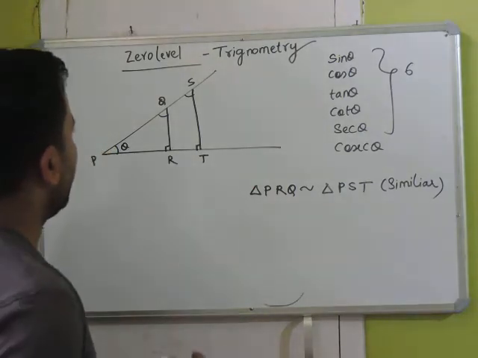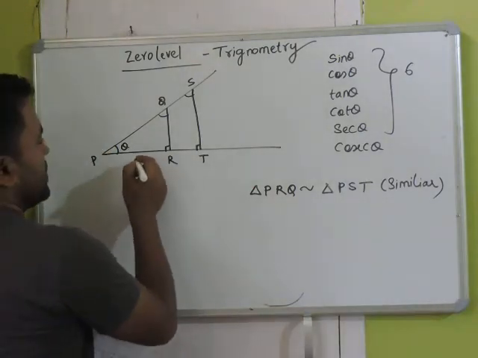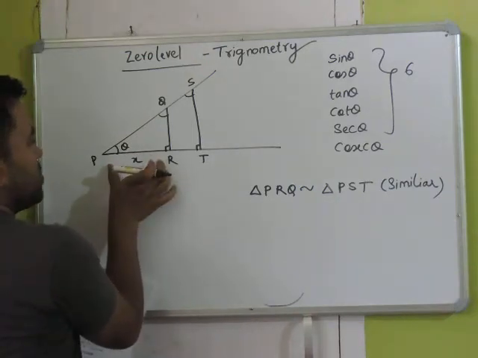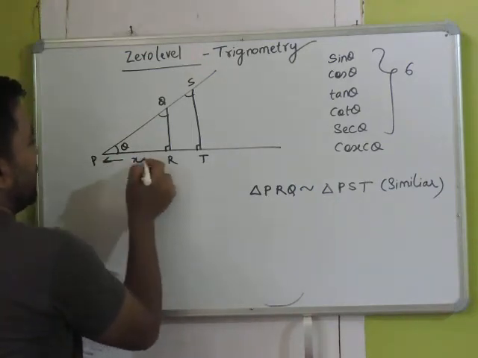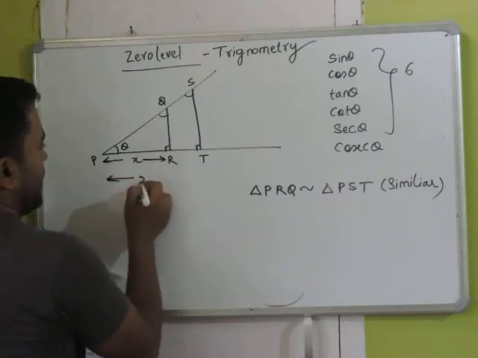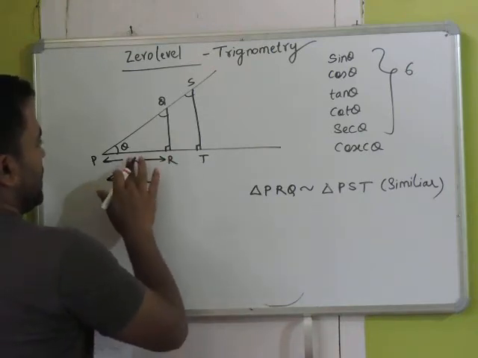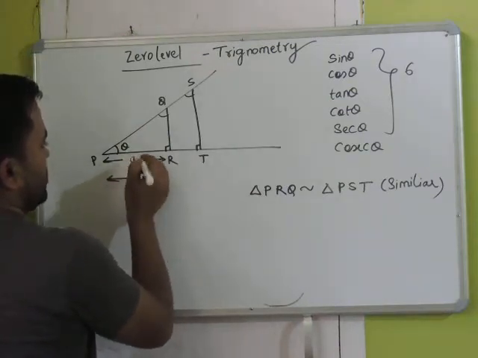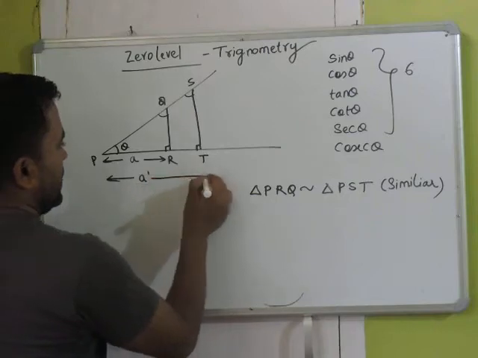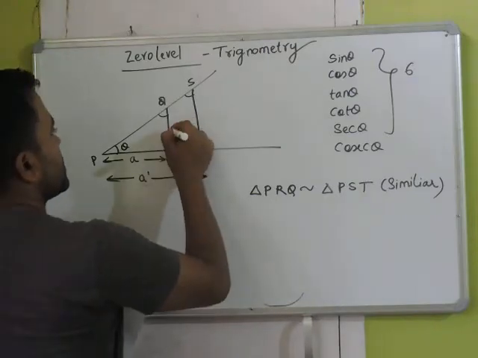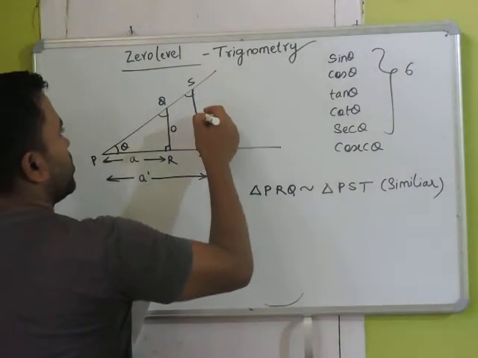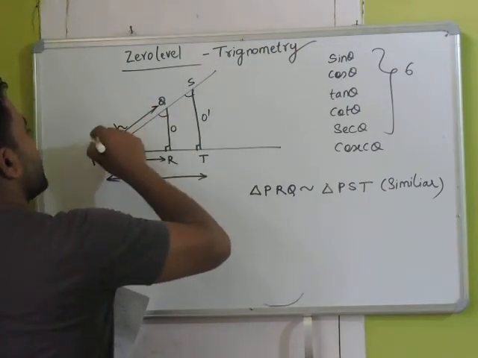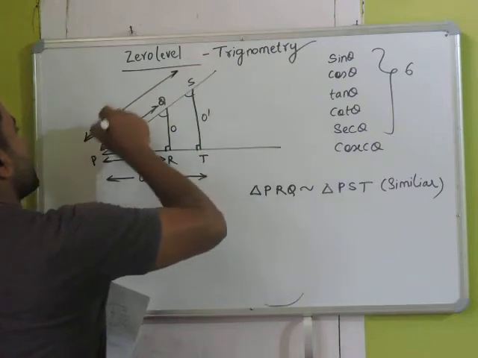Now let us write this distance to be, let us say, x, and this one also x. Let us write this to be adjacent, so let us write it A prime, and the whole thing is O, and this is O prime, and this is H, and this is H prime.